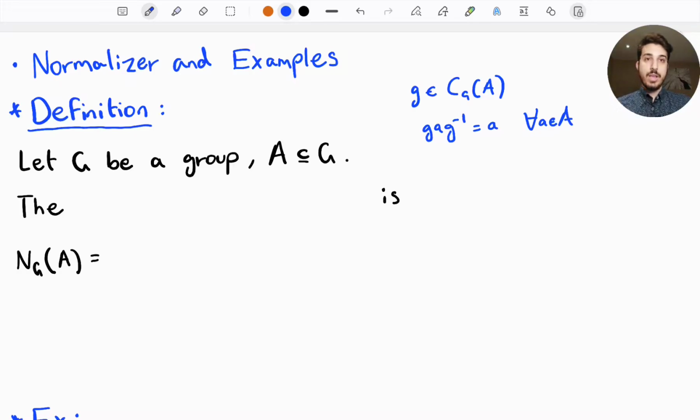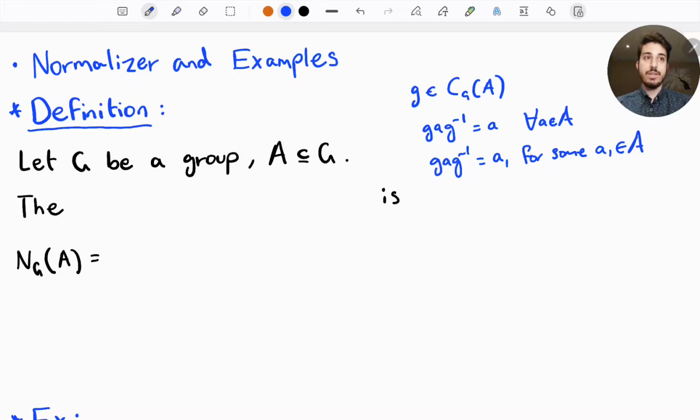However, in normalizers, we don't want to go that far. We don't want to go that far to say that the conjugation is equal to the element. We just want to say that G a G inverse is equal to some a1 in A, not necessarily the same a.